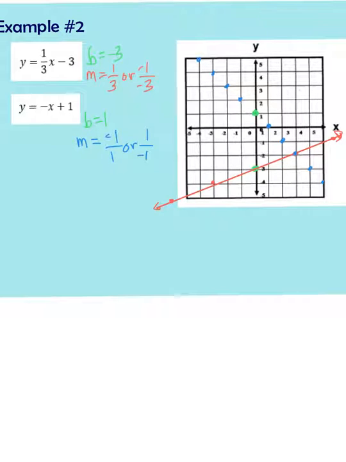And then I'm going to connect with a straight edge. And as you can see, this is the solution.